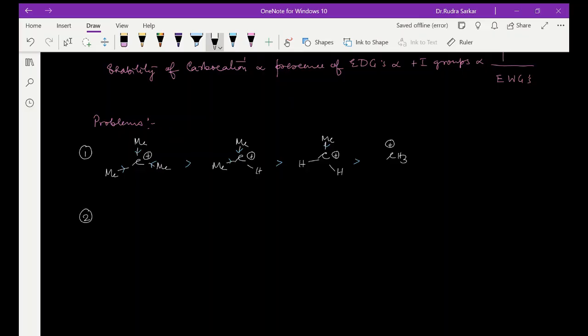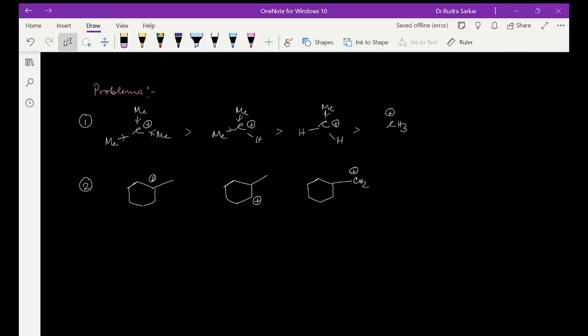In question number 2, we can see when the carbocation is over here, there are 3 plus I groups stabilizing it.